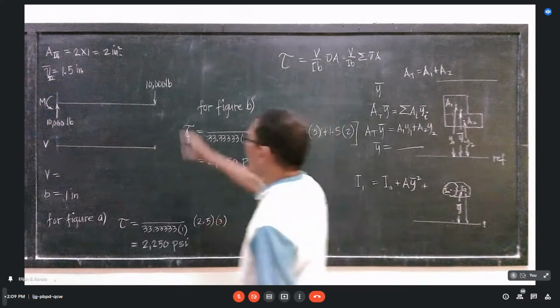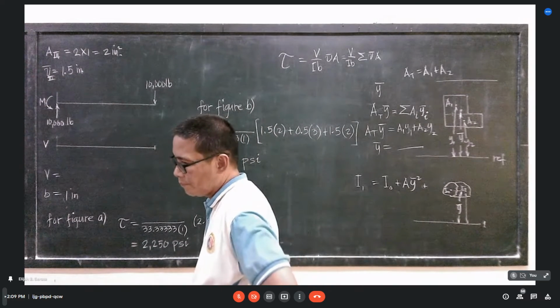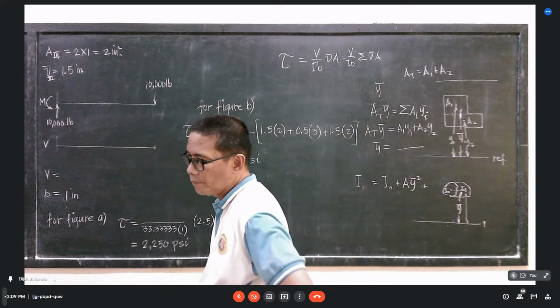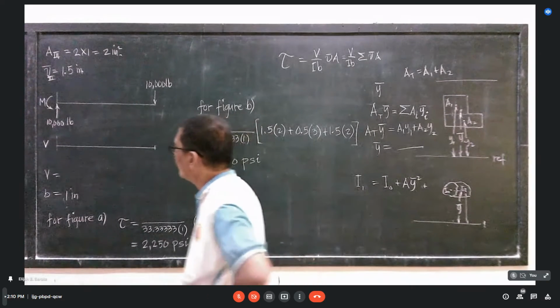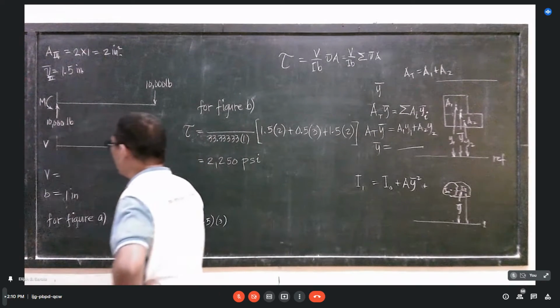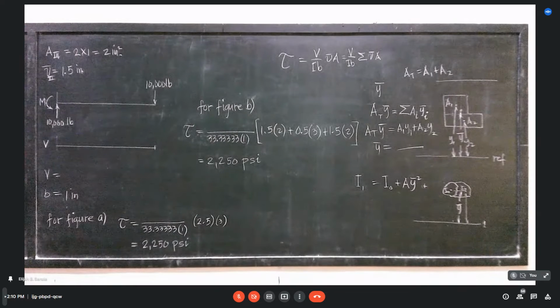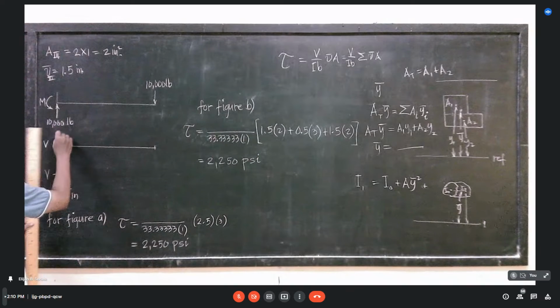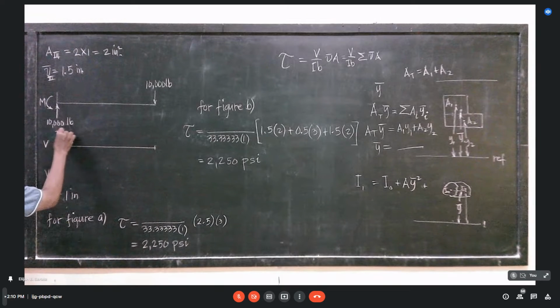It is based on the load, di ba? From the 10,000 pounds, asa man pa ingon ako shear diagram. Pataas 10,000, sir. Okay. Let us say this is your 10,000.